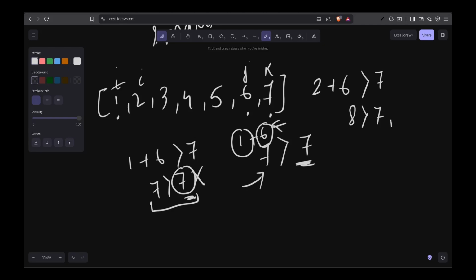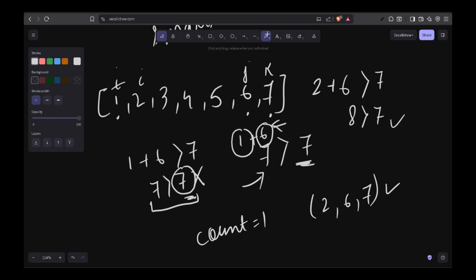So this is a true condition. That means this combination of numbers 2, 6, 7 is a valid triangle, and we can increase the count by 1, right? Count now becomes 1.